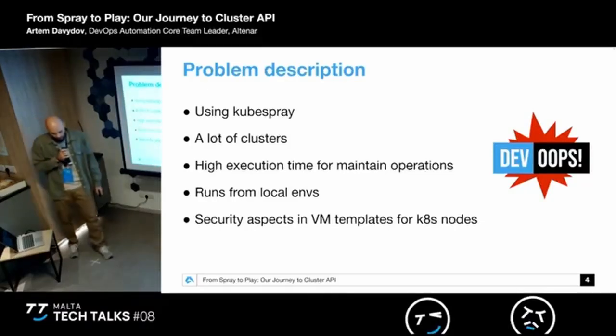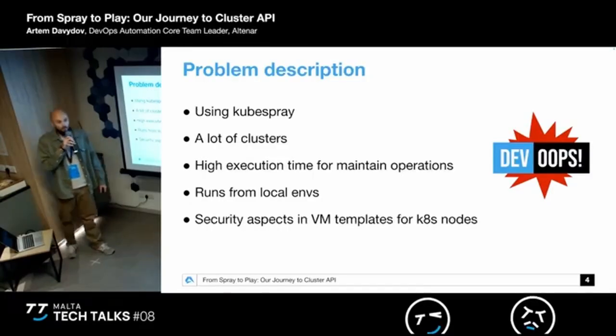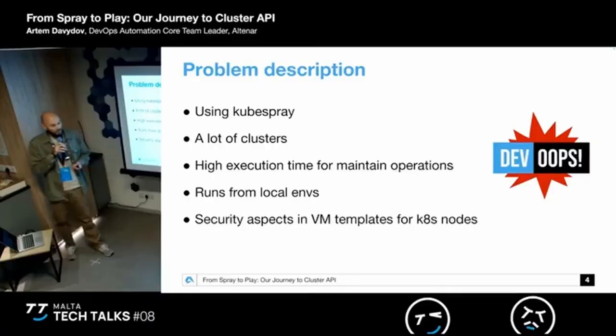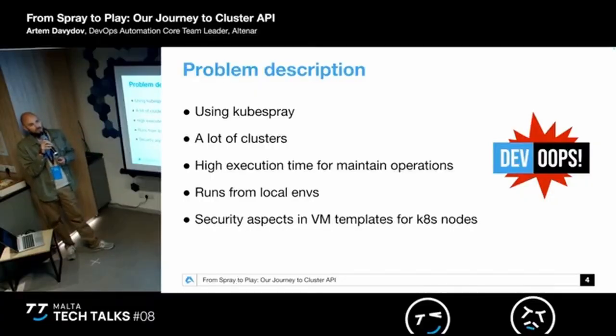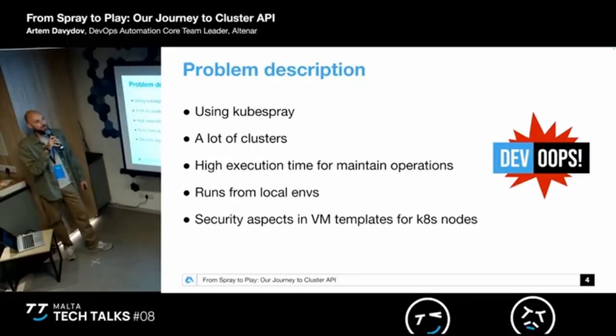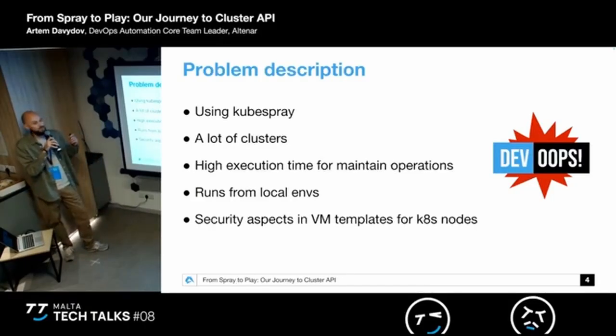So, what was the problem we had? First of all, we are using kubespray. It's not really a problem, but we, as a company, as Altenar, have outgrown this tool. Also, we have a lot of Kubernetes clusters, and we need to find a way to manage them more quickly, without any downtimes and so on.